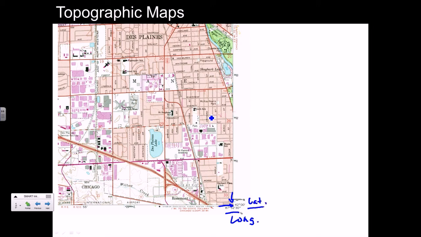Great. So I'm going to go ahead and erase this and clean it up just because it's going to make more sense if I start drawing on it and we'll get too complicated. So on this particular map, we're going to look farther to the west here and see if we can find another increment of longitude, and indeed we do. Notice it's 55 minutes. So this is 87 degrees, 52 minutes, and 30 seconds.